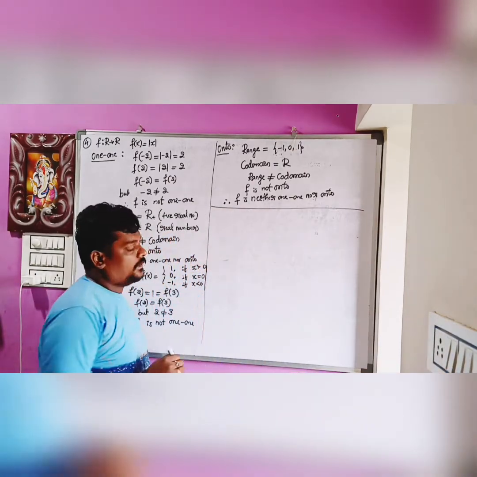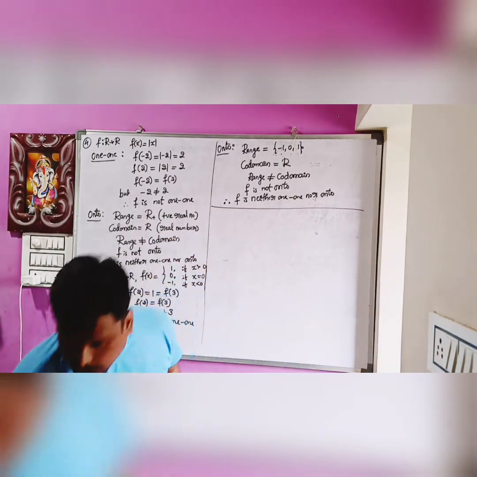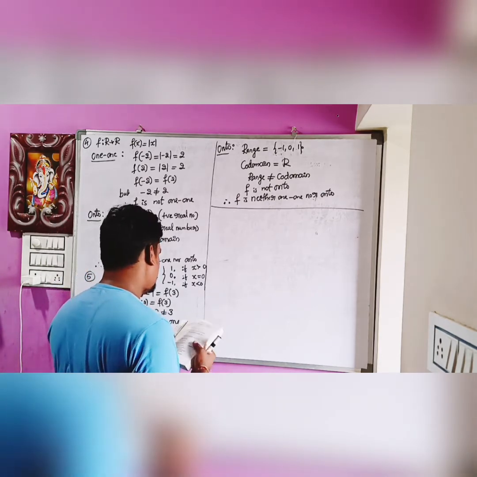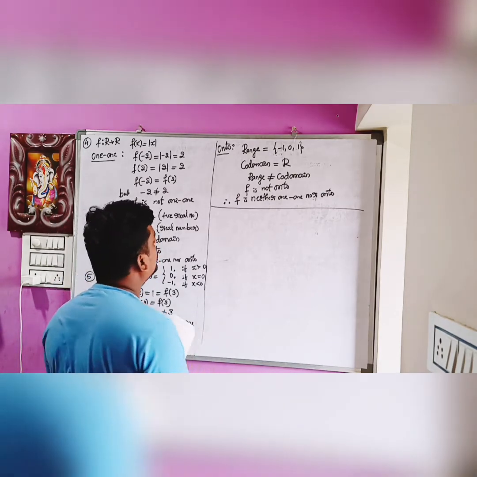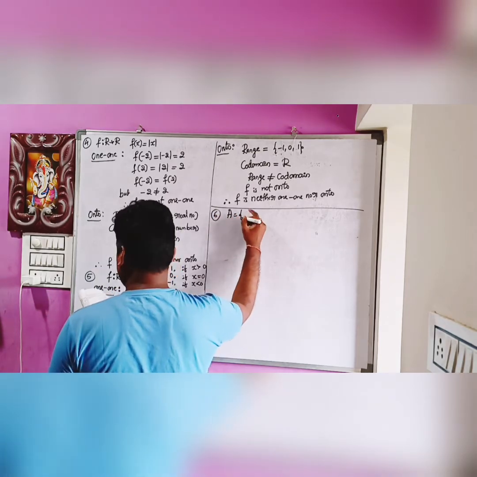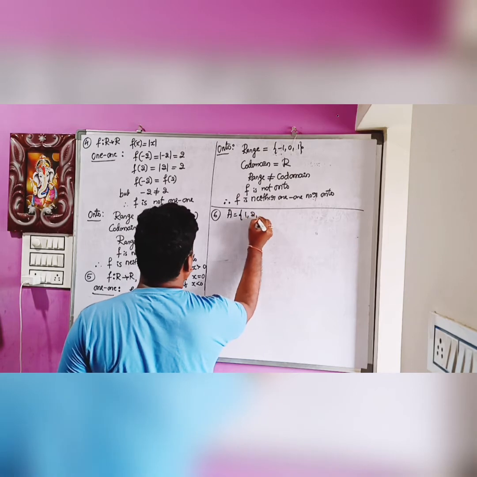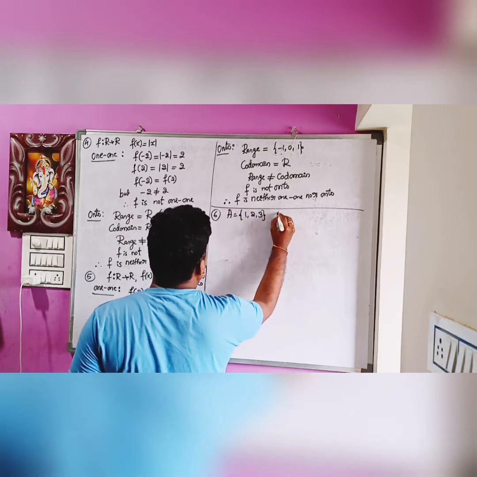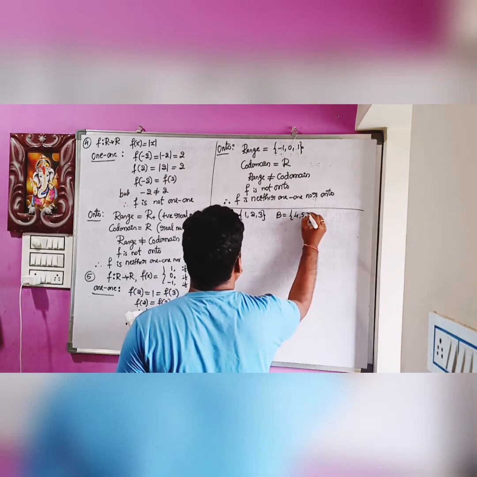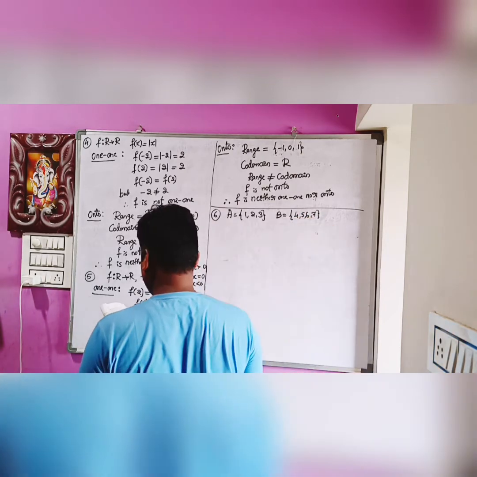Yes. Next question. Question number 6. A is defined as a set, A is {1, 2, 3}. Set B is {4, 5, 6, 7}.